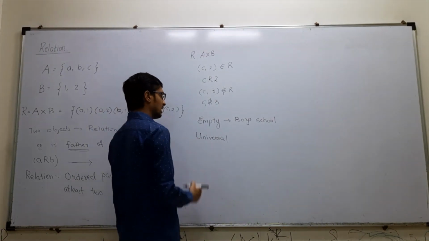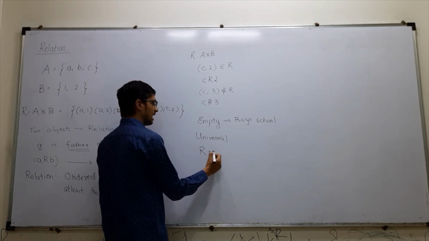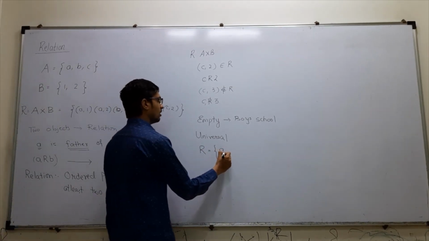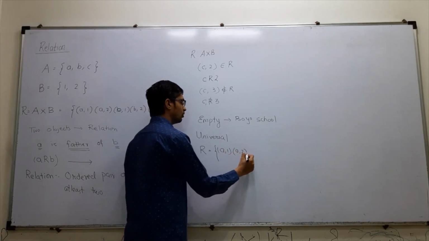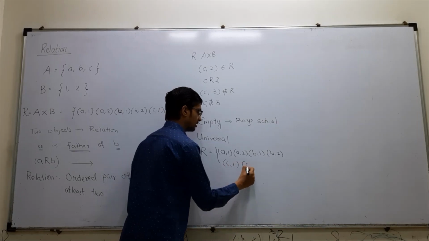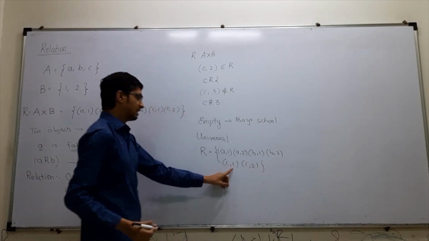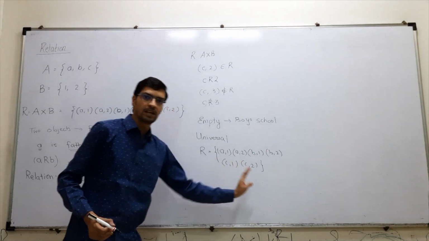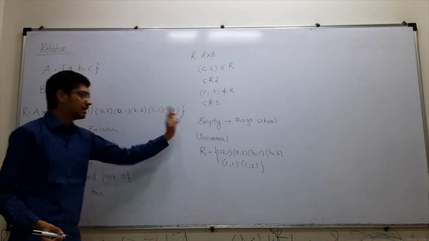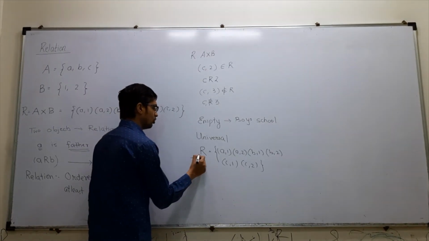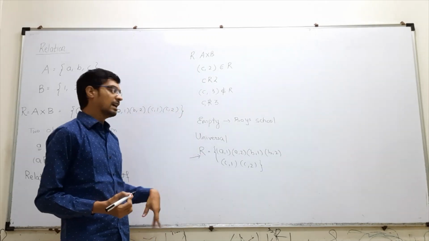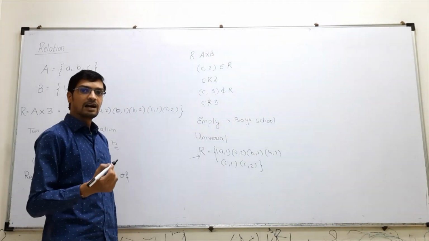And if I talk about a universal relation, let us take a set R, relation of set R. If I have all these elements like A1, A2, B1, B2, C1, C2, now if I see, this is nothing but all combinations of A cross B. Correct? These are all the elements of A cross B. Therefore this is called a universal relation. A relation having all elements of the sets is called a universal relation.